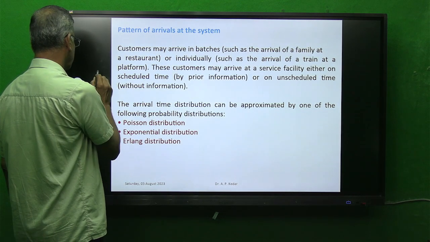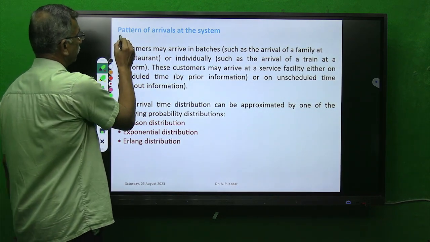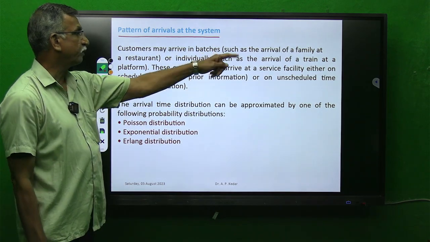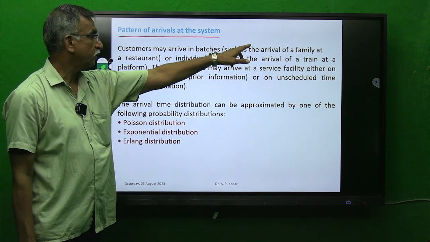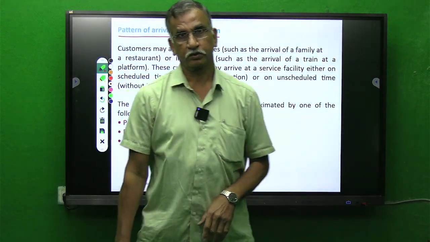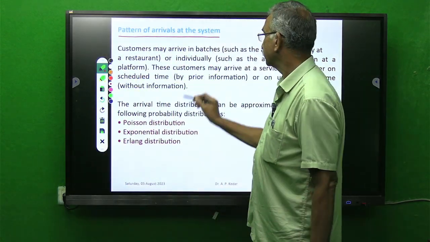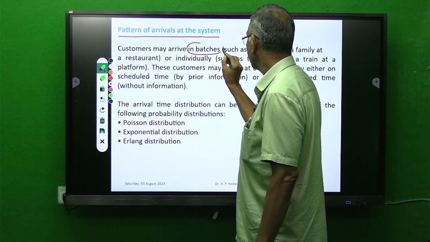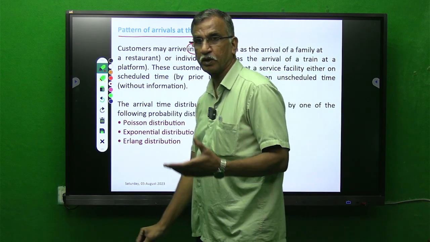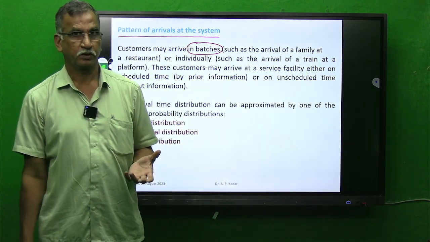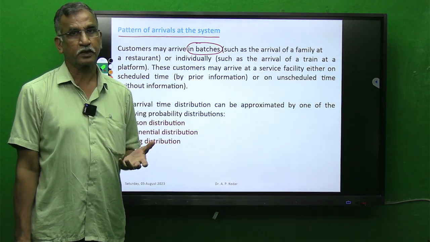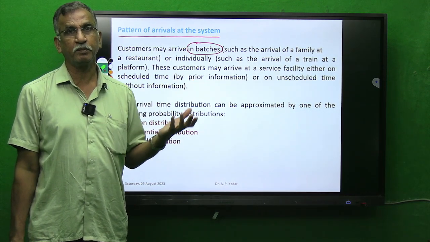the arrivals, they join the system from the population. So customers may arrive in batches, depends. If they are going to a mall or to a movie, they go in batches. But if we want a particular service, then we go individually. For hair cutting, I never go with my family.